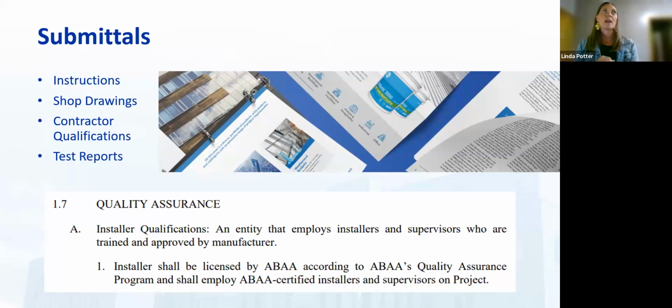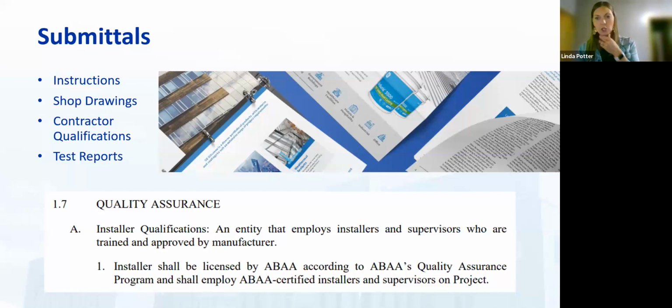Or so many years in business for X amount of projects that they have installed. There's a lot of different ways. We've started to see where they've had to submit their quality assurance program so that you can see how they're going to manage the quality of their air barrier install. And so maybe they don't have an ABAA certification, but you're going to require an equal of some fashion that just demonstrates that they're not practicing and learning on your project and having a nightmare go down in terms of air barriers. So those are just some things on contractor qualifications.